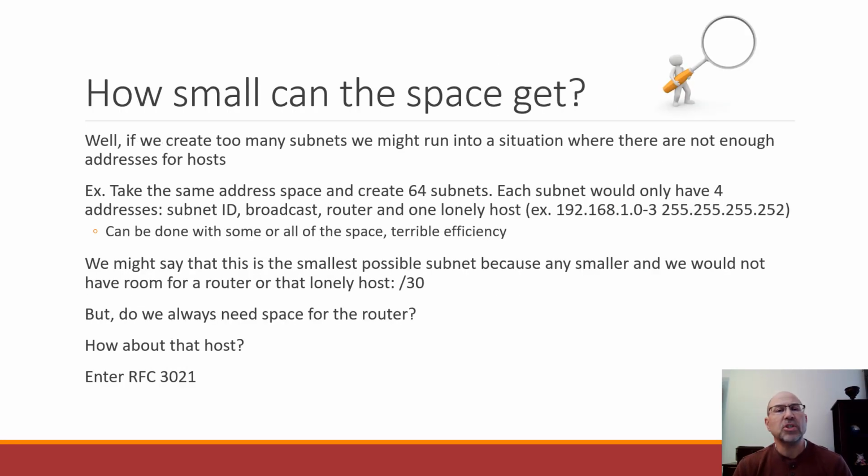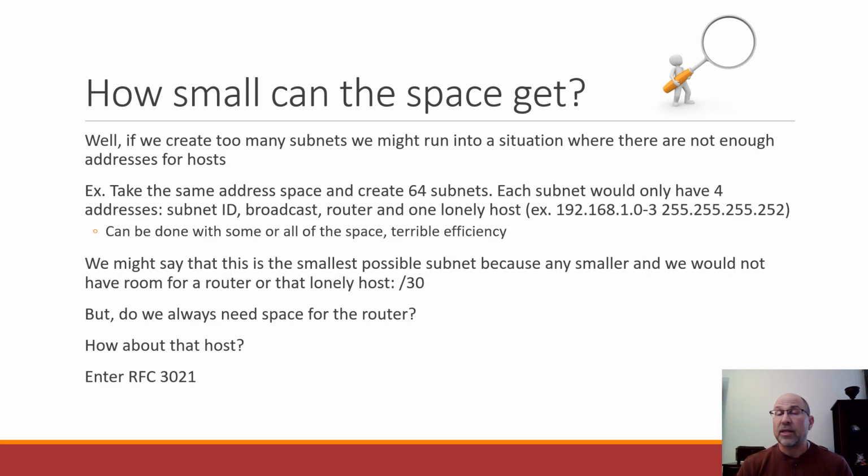Now, how small can that address space get? I mean, how bad can your efficiency get? Well, if we start chopping up the subnet space even further, instead of creating 16, we create 32 or 64, all of those subnets would still need their subnet ID and their directed broadcast.